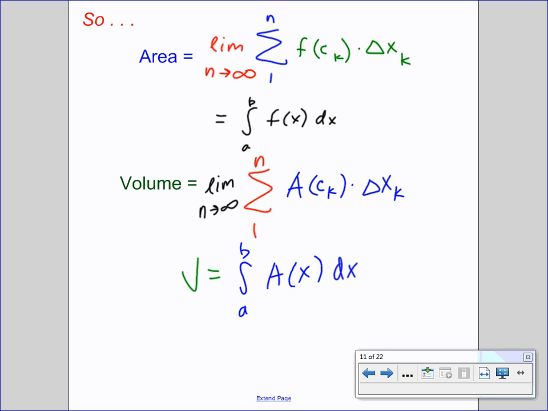So this is what we're going to be using and applying today. The key will be our ability to write the area formula, A of x, for a typical slice. So that's what we're going to practice.